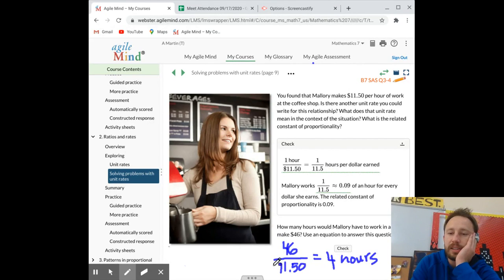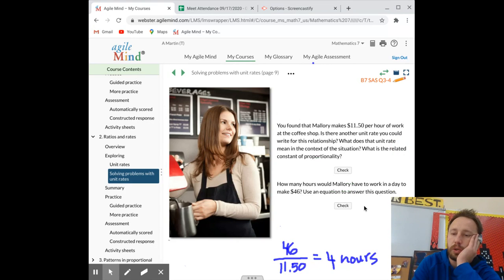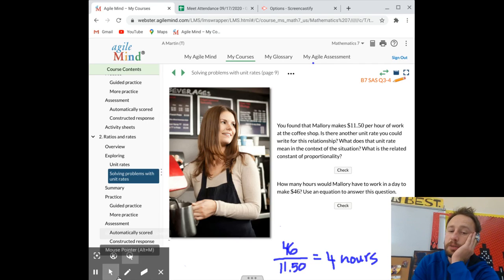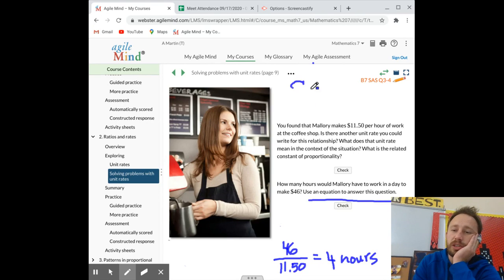Let me get this out of our way so I'll have some more room. The reason that we divided is because she makes $46 in all, and it tells us to use the equation. So remember that our equation was y, the dollars, equals $11.50 multiplied by the hours worked.